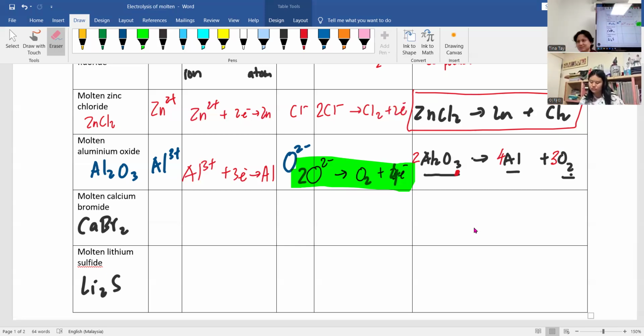Yes, correct. Because it's already balanced. You don't need balancing.